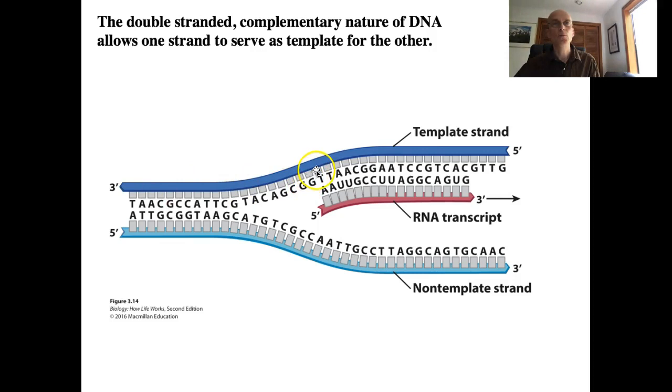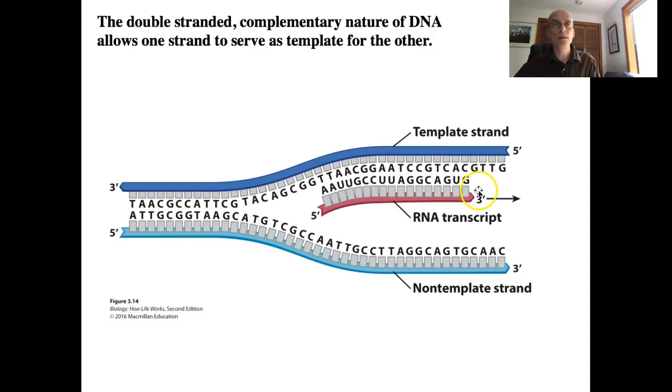That is what provides the template for the RNA as it's being produced. And the other thing that you see here is that the mRNA, the RNA transcript, starts at the 5' end, and then nucleotides are added on successively from the 5' end to the 3' end. And so that is referred to as the RNA running from 5' to 3'.